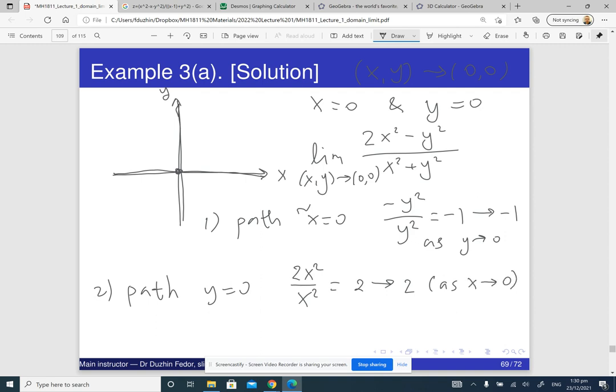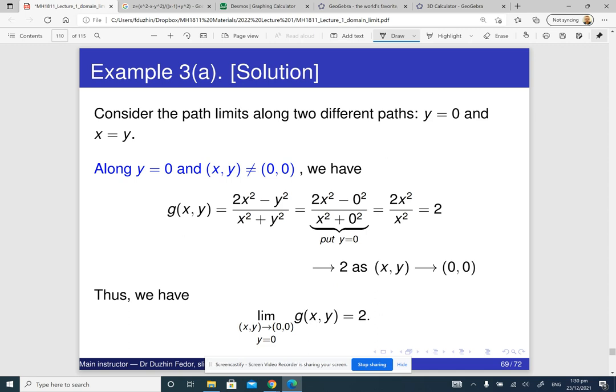So the limit on the second path is different, it is 2. What we see here is that one of the limits is 2 and the second limit is negative 1. Okay, so the limit along the path y equals 0 is 2.